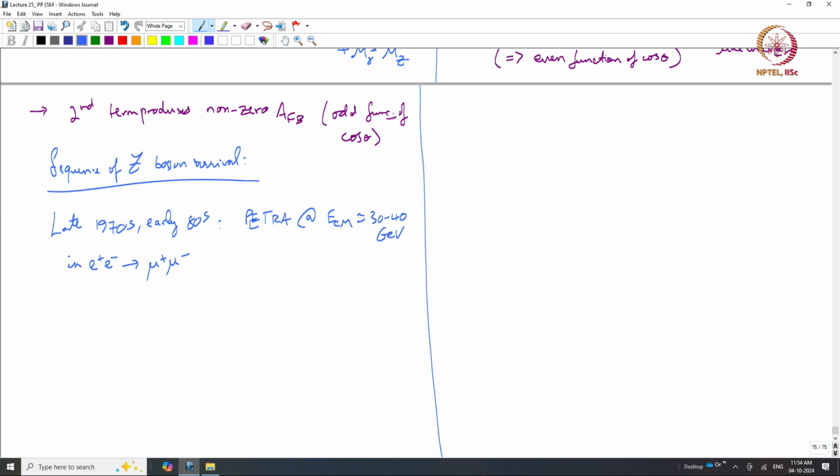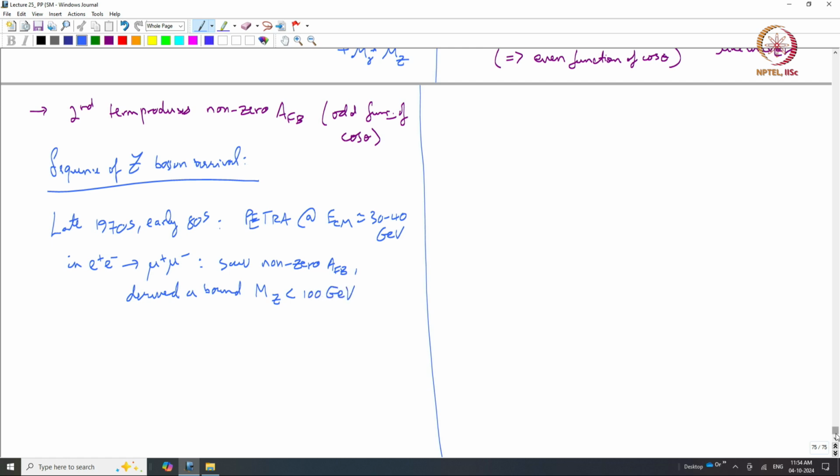And they already saw non-zero forward backward asymmetry. So such a simple measurement, right? And with that they were already able to derive a bound on what the mass of the Z should be.